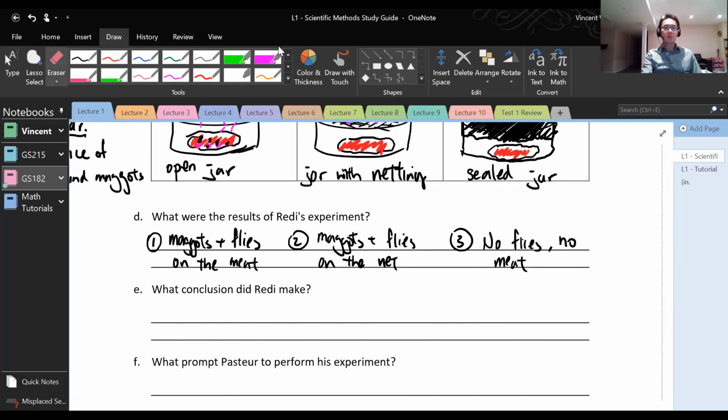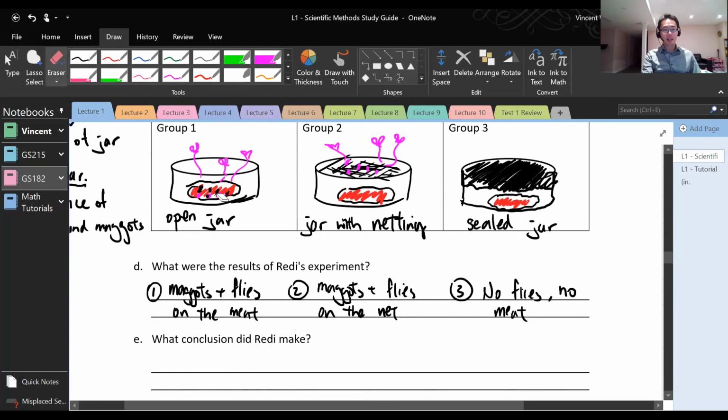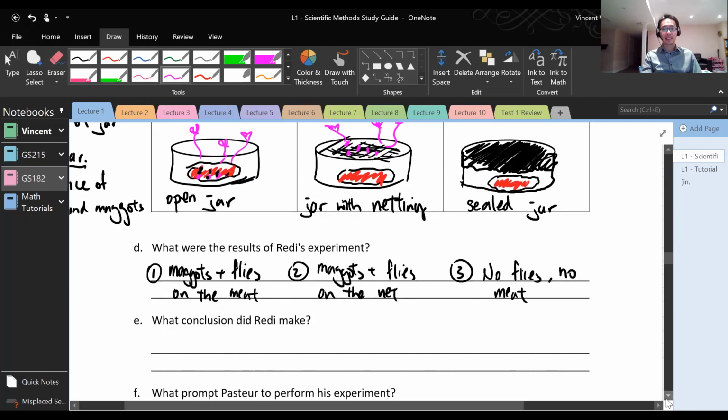What would the conclusion be? Well, as you can see from this experiment, the meat does not spawn flies or maggots, because if that were the case, you would also be able to see the maggots and the flies inside the sealed jar, right? And that did not happen.